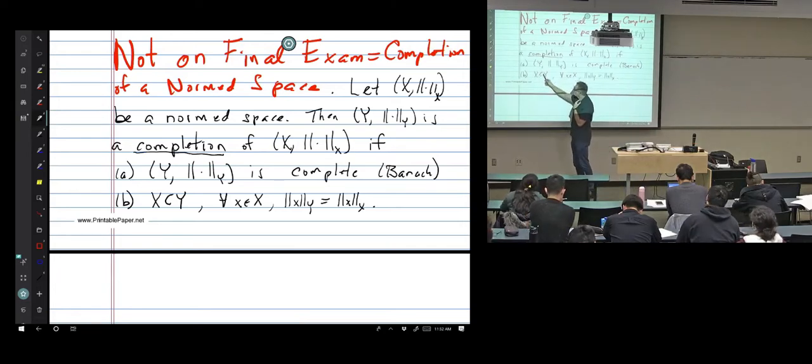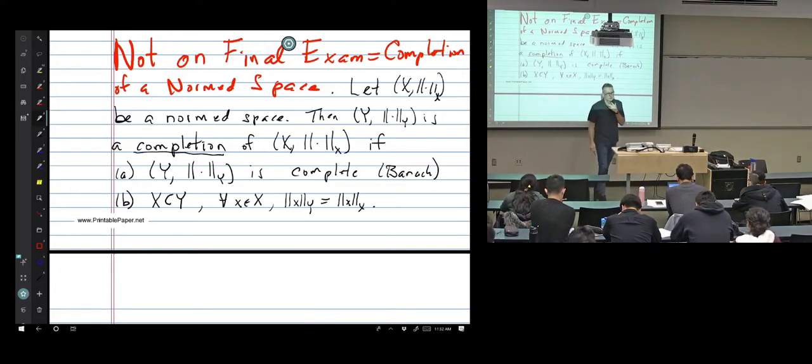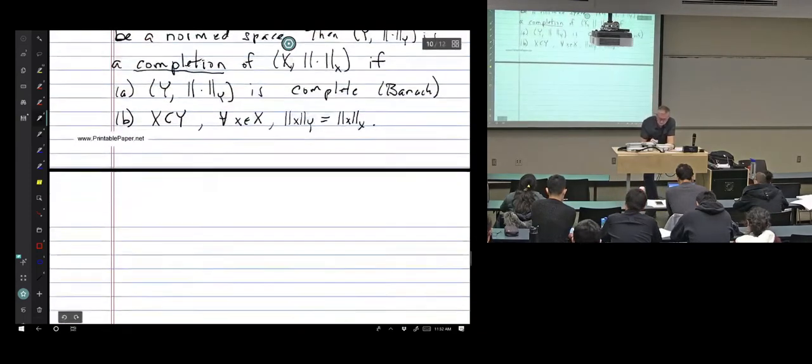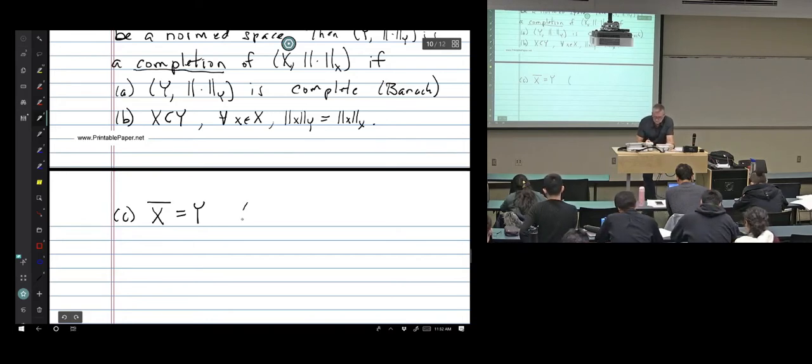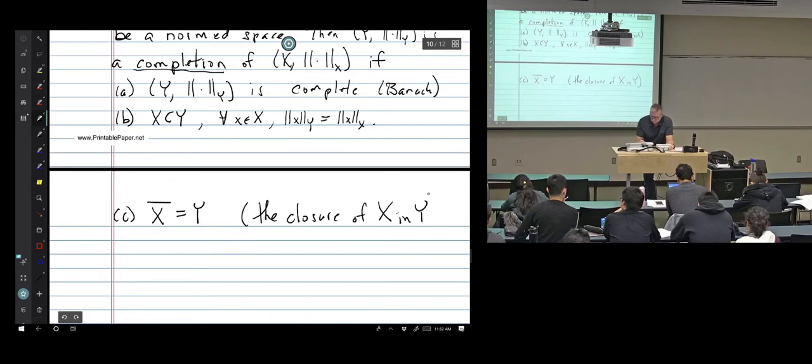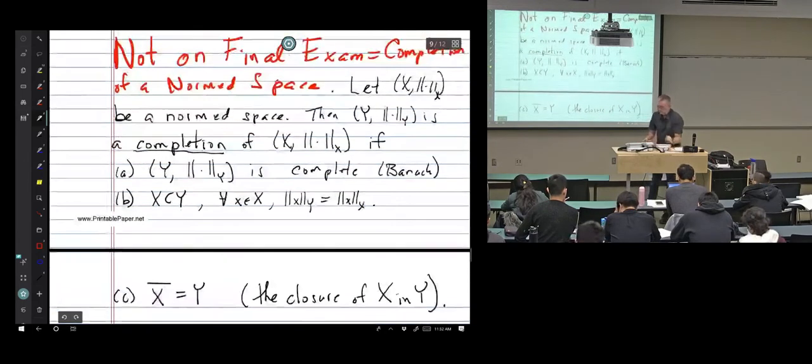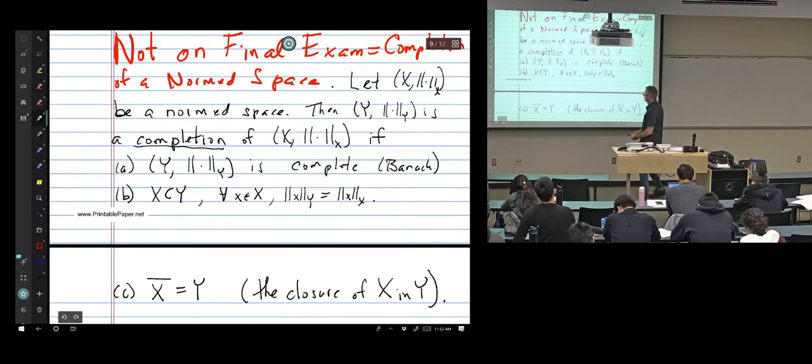So the completion is going to be something bigger than x, but it's just a tiny bit bigger. C, the closure of x is equal to y. This is the closure of x viewed as a subset of y, okay?